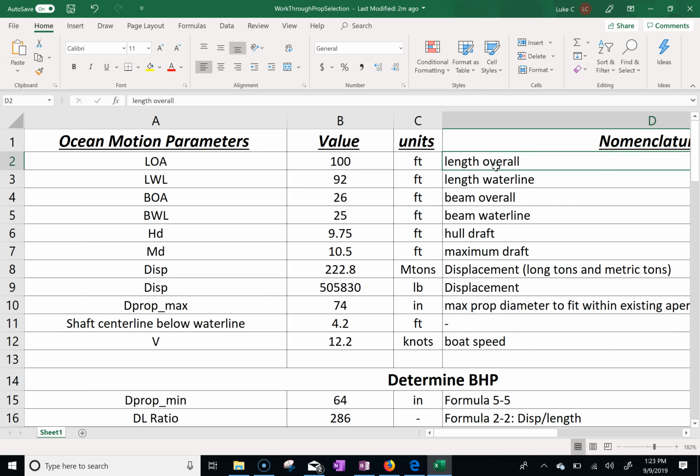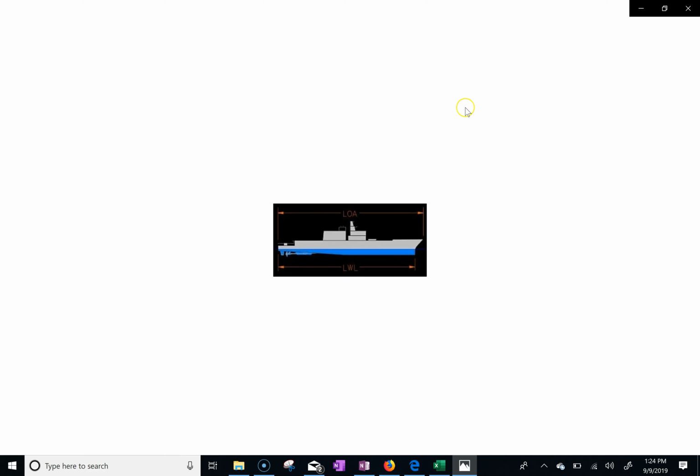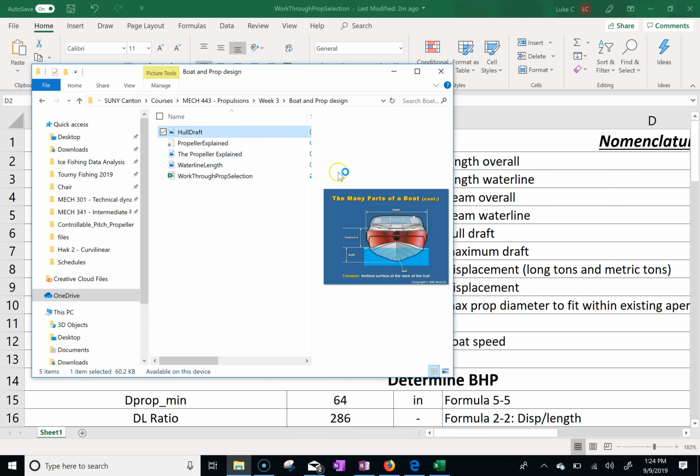So the beam is just like the width. We could have a picture. Is it this one? Yeah.